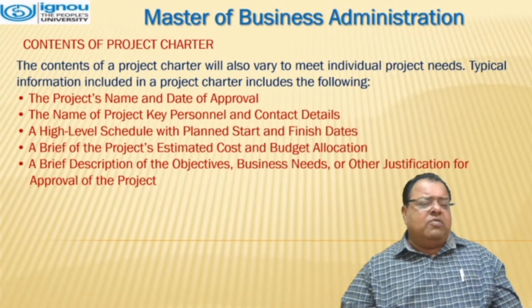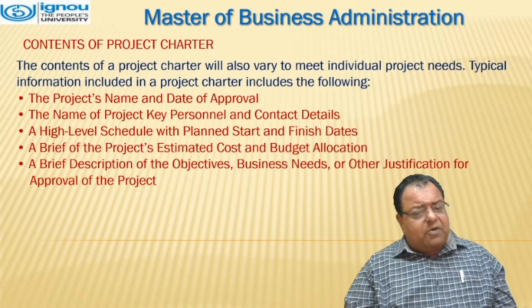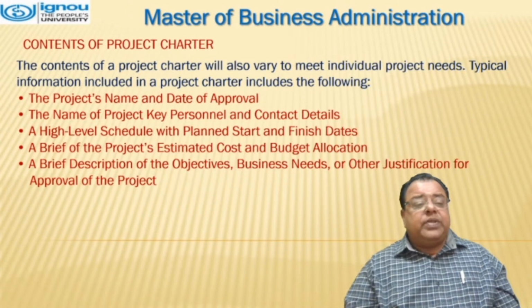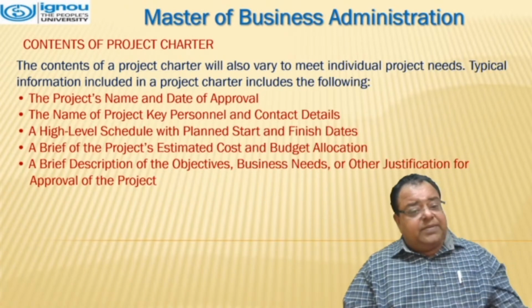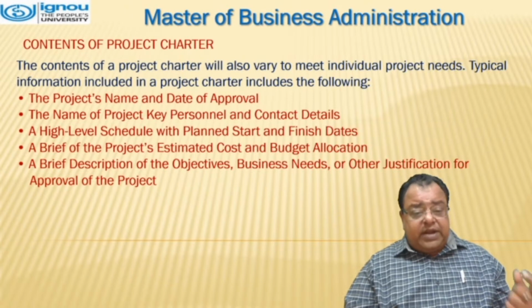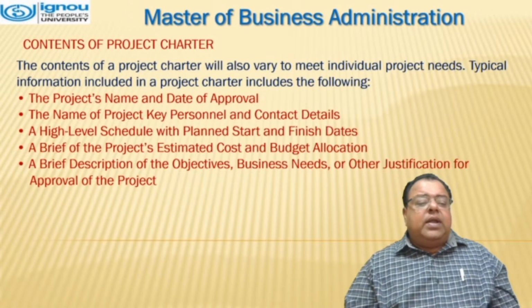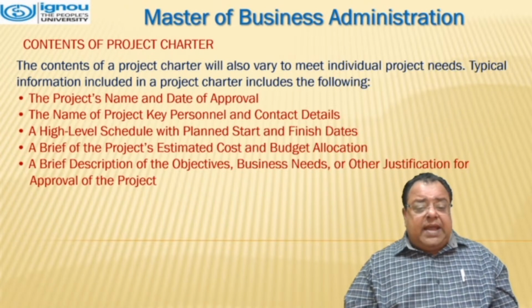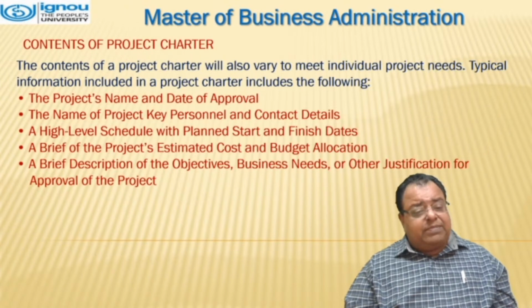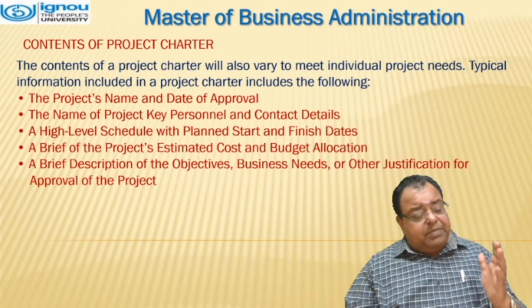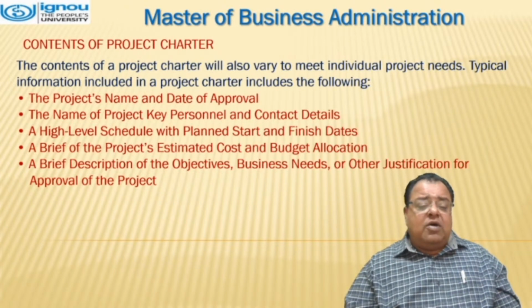Typical information included in a project charter includes the following: the name of the project and the date of approval, the names of the project's key personnel and contact details, a high-level schedule with planned start and finish dates, a brief of the project's estimated cost and budget allocation, a brief description of the objectives, business needs, or other justifications for the approval of the project.